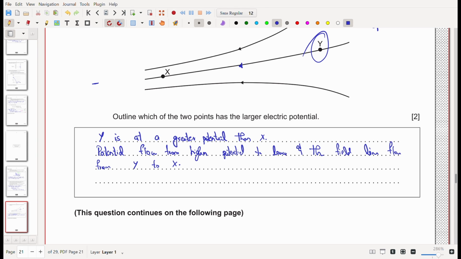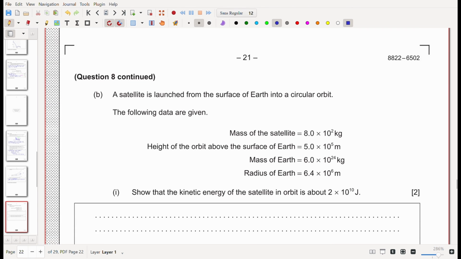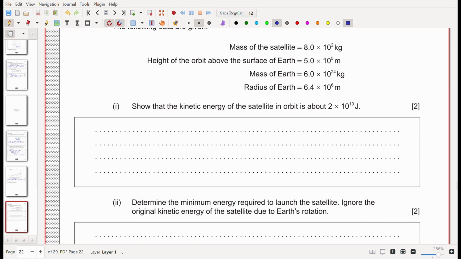Of course, you could also maybe talk about how the potential is in the opposite direction of the field lines or anything like that, but this is the easiest for me to think about, since fields has always been a really odd chapter for me. Might be different for you.